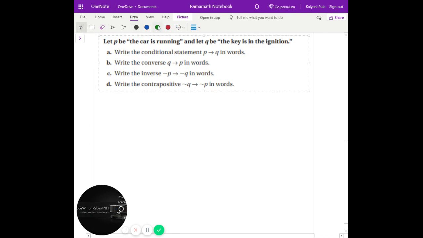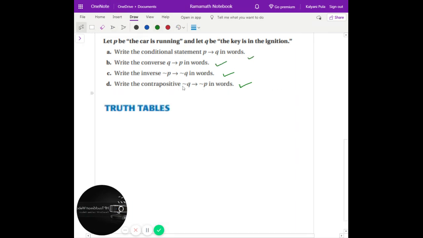Then write the inverse: if the car is not running, then the key is not in the ignition. That's good, very good. And then the contrapositive: if the key is not in the ignition, then the car is not running. That's right. Good job. Very good.